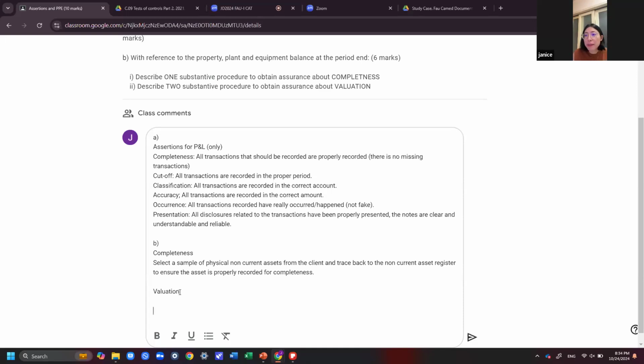Remember, valuation is to ensure the amount is done correctly. I can give you a hint: for the amount to calculate, there's the cost and there's the depreciation, right? So for each of them, can you give me one substantive procedure that we can do here?